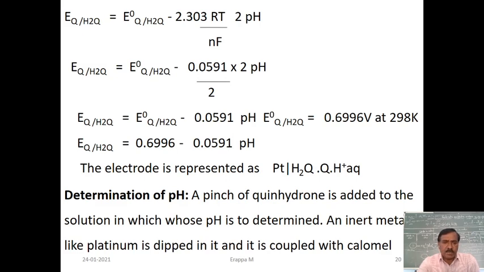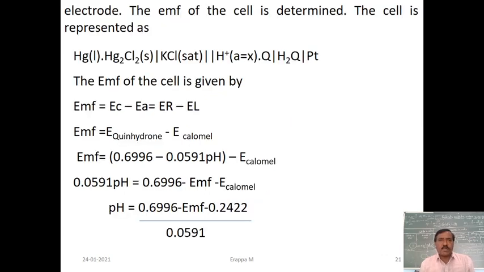An inert metal like platinum is dipped in it and it is coupled with the calomel electrode. The EMF of the cell is determined. The cell is represented as the calomel electrode, Hg connected with Hg2Cl2 in contact with KCl saturated solution, which is the electrode reaction of the calomel electrode, separated with a salt bridge, Pt | H2Q, Q at hydrogen ion concentration.